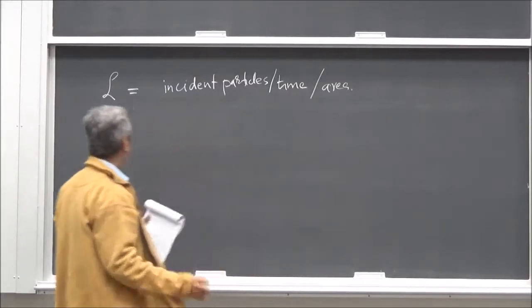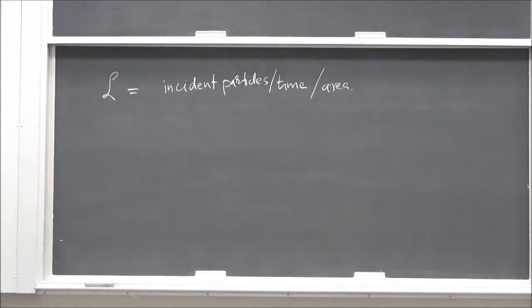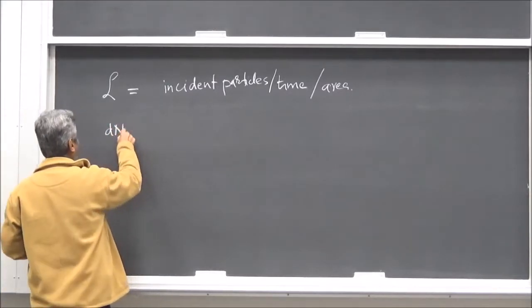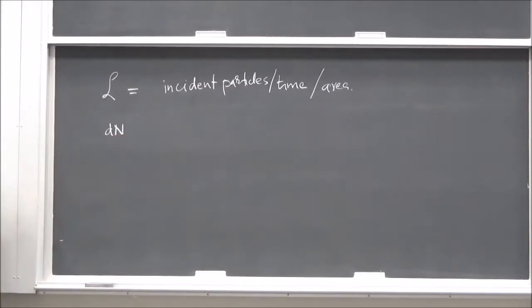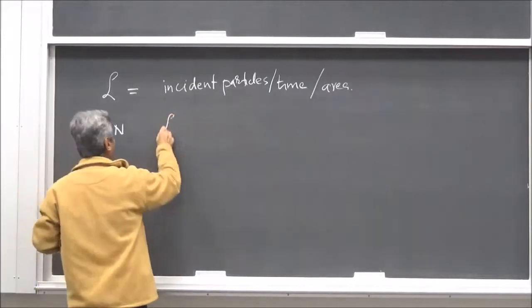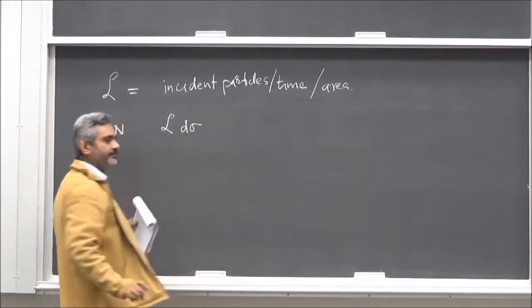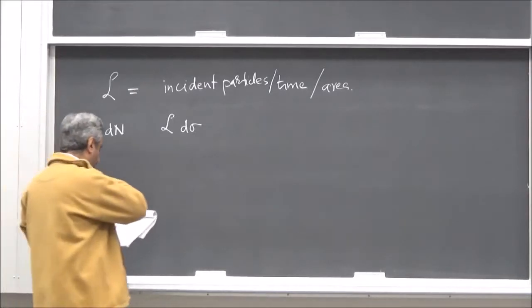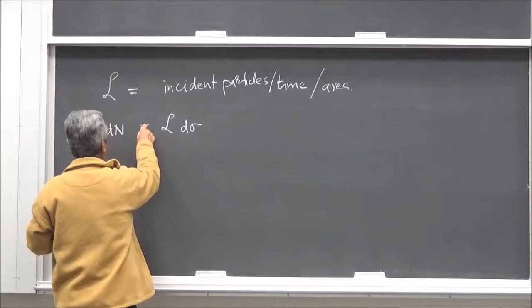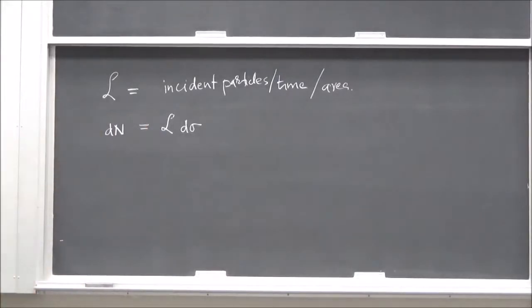So the number of particles that you will get in this area is how much? The number of particles that you're going to get in this area, multiplied by d sigma, luminosity times d sigma. Excellent. Yes, exactly. So the number of particles that you will get into d omega, right, is just L d sigma, right? Per unit time की बात कर रहे हैं, dn by dt है.